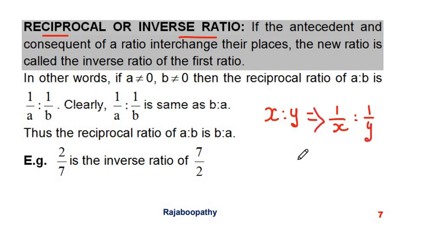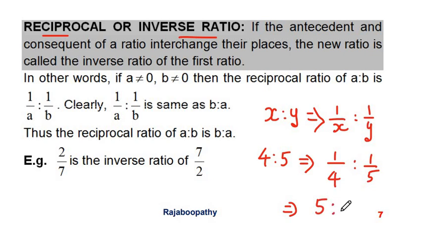This is the reciprocal ratio. தலைகீழ் விகிதம். So what is the reciprocal ratio of 4:5? It is 1 by 4 is to 1 by 5, so I can multiply it with 20. Therefore this becomes 5:4.